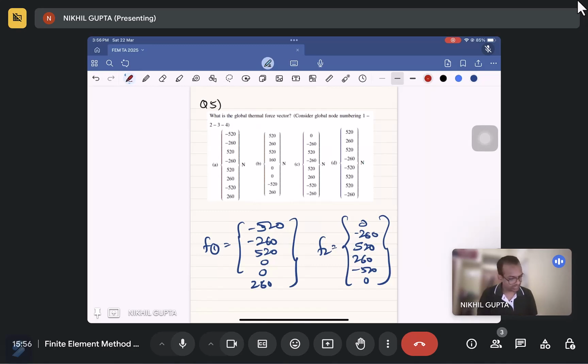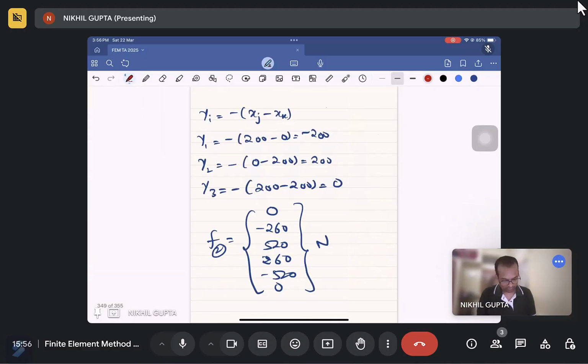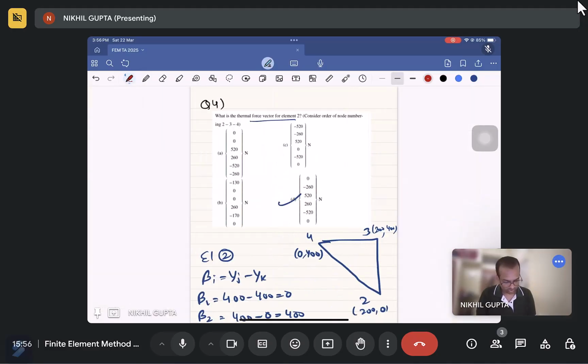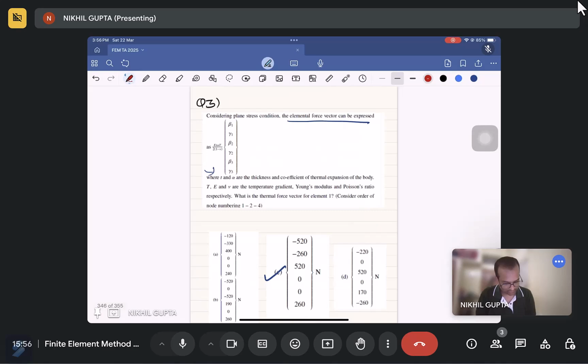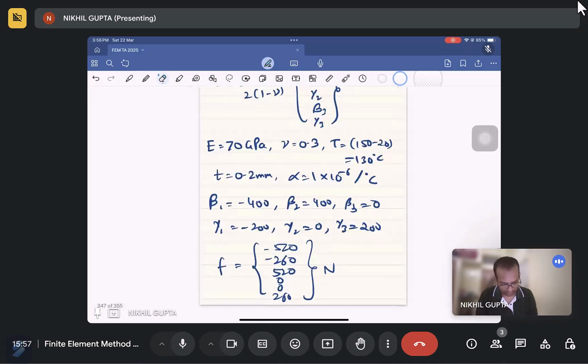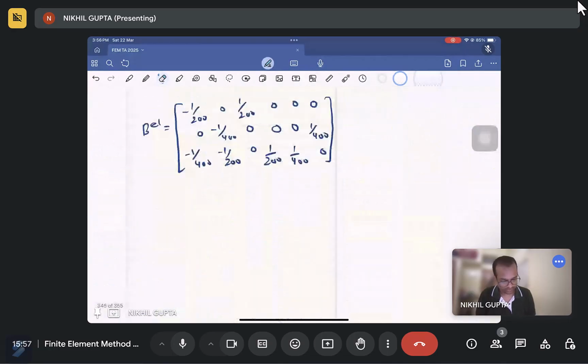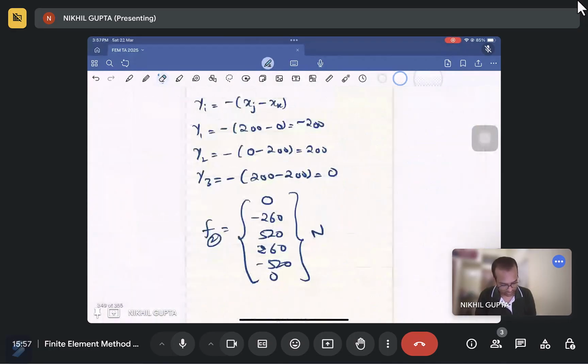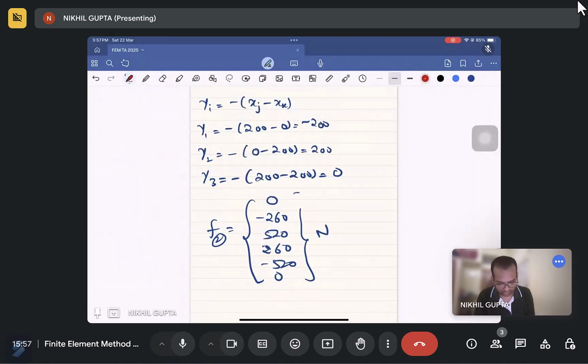The nodes related to this, for element 1, I'll check, it's 1, 2, 3. So this is 1x, 1y, 2x, 2y, 3x, 3y. Oh, sorry, this is not this.